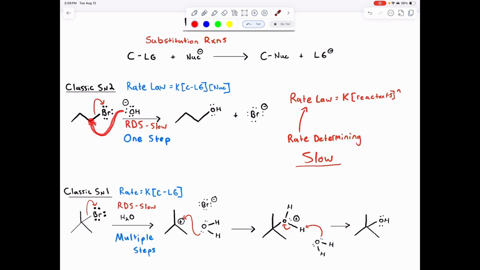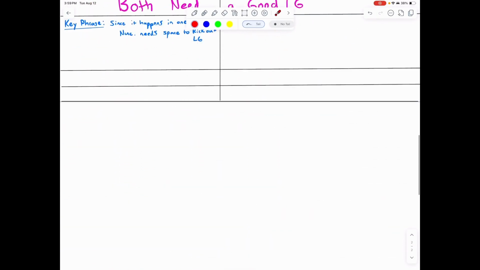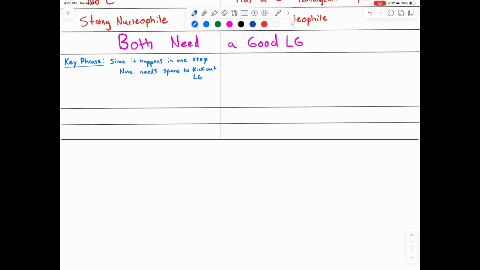So since this happens in one step, our nucleophile needs a lot of space to come in and kick out this leaving group. We want this leaving group to be as unhindered as possible. So with this, we like uncrowded leaving groups. So primary leaving groups are better than secondary leaving groups, which are a little bit more crowded, which are better than tertiary leaving groups, which at the end of the day are way too crowded to do an SN2 reaction.